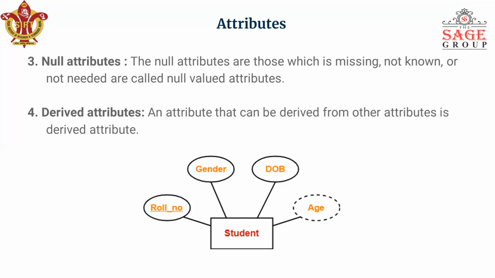So that is a derived attribute, because if we want to know the age of any student, and suppose we know the current date and we have the date of birth of that student, we can easily calculate the age of any student or any person. That means the age is derived from the date of birth and the current date. So the attribute which can be derived from an existing attribute is known as a derived attribute.